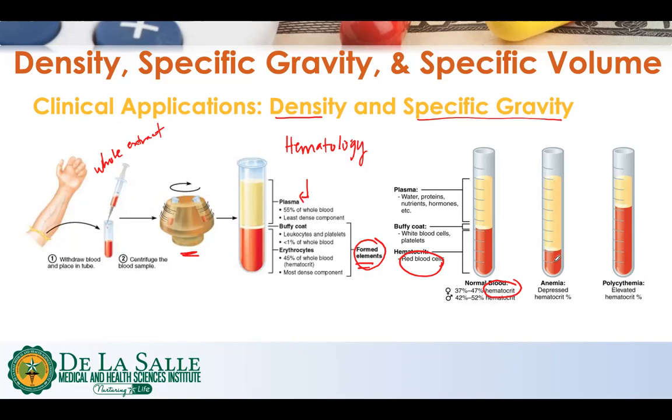Now, by looking at the amount of the formed elements, we can also diagnose or at least determine whether a person has a lower than normal hematocrit level or a higher than normal hematocrit level.